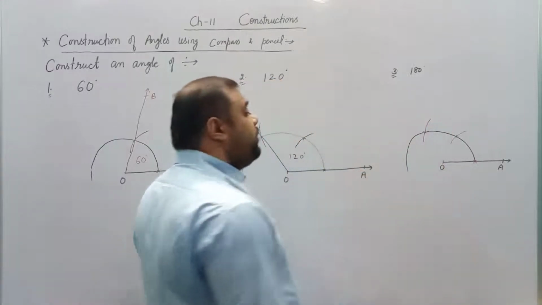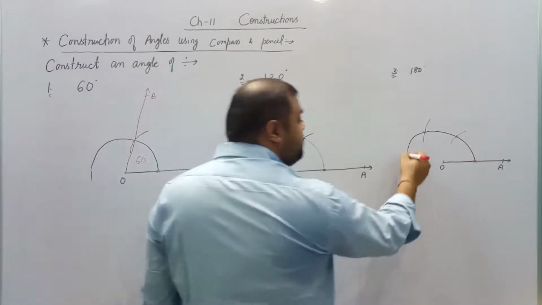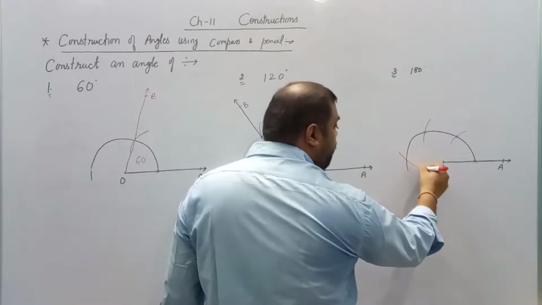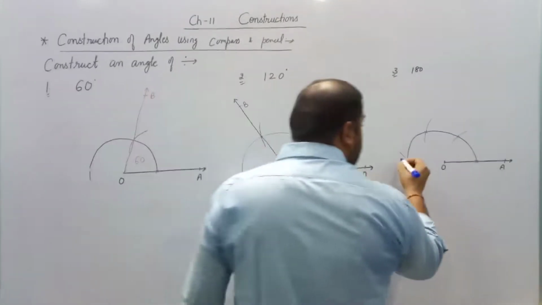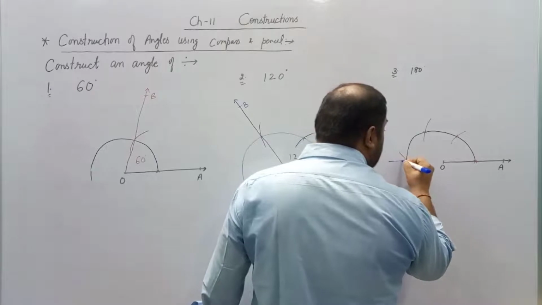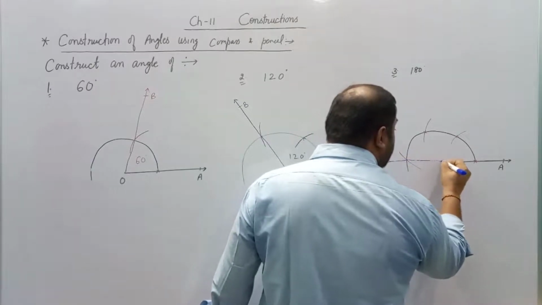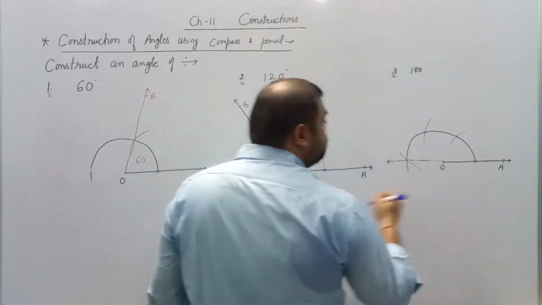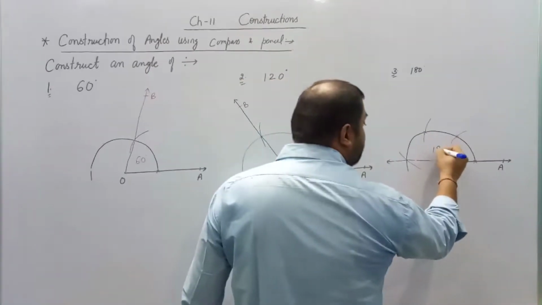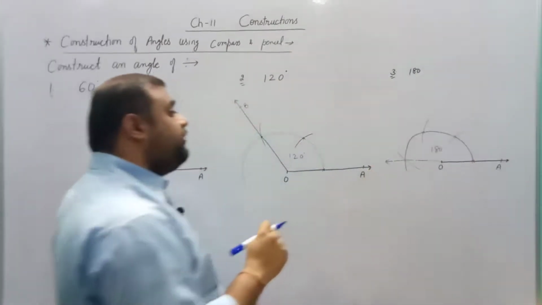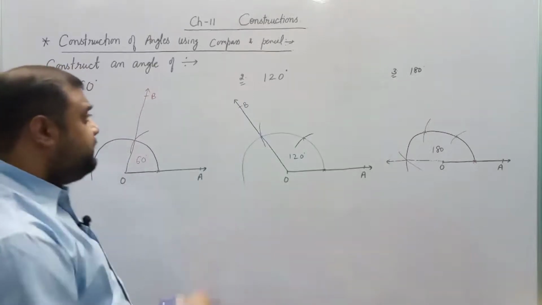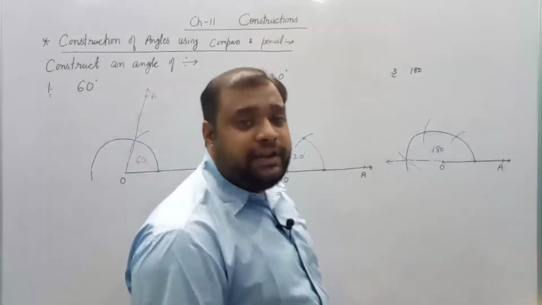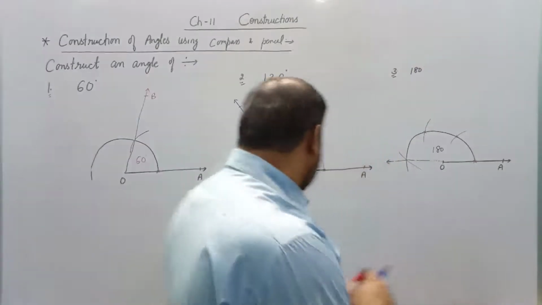Now taking this point as center and with the same radius, draw another arc. If we join this point to point O, we get 180 degrees, and an angle of 180 is a straight line. So these are the three basic angles: 60, 120 and 180 degrees.